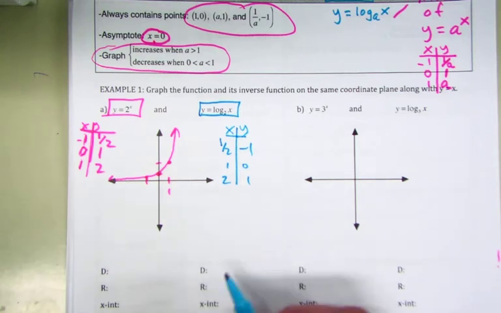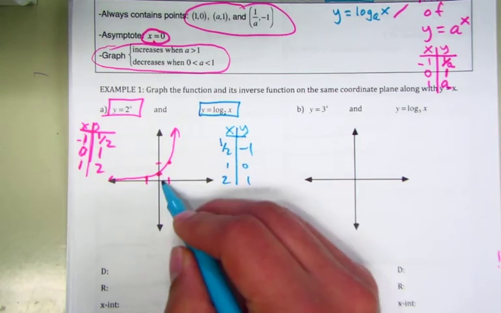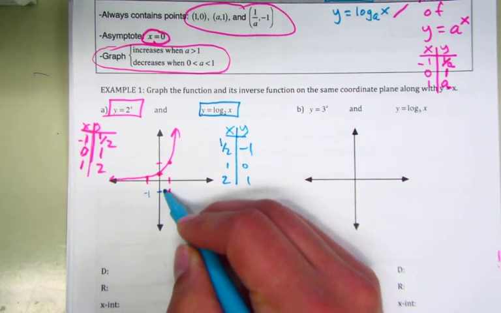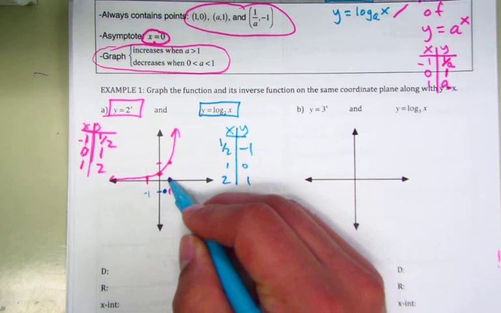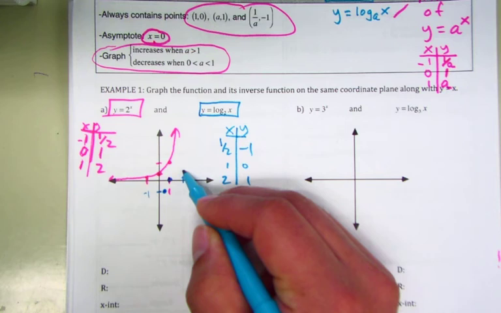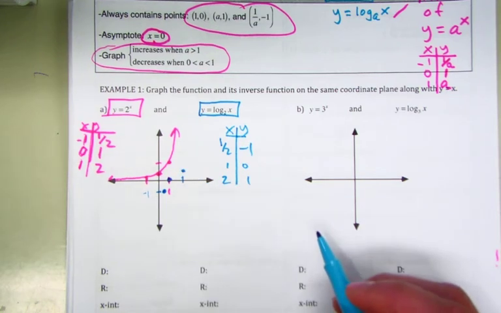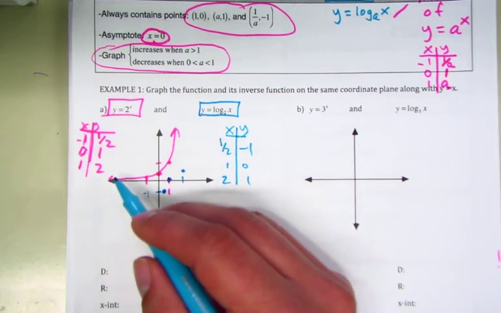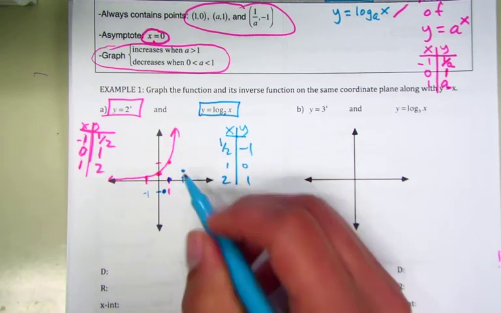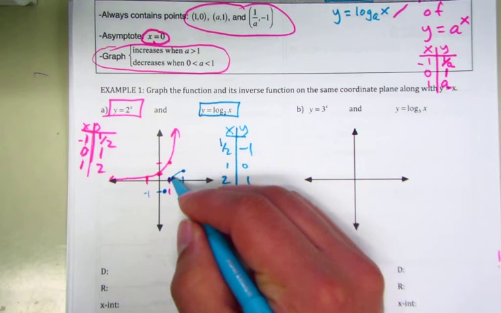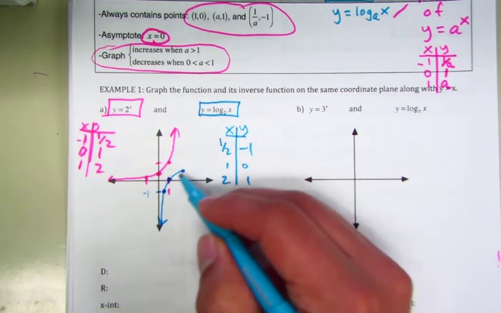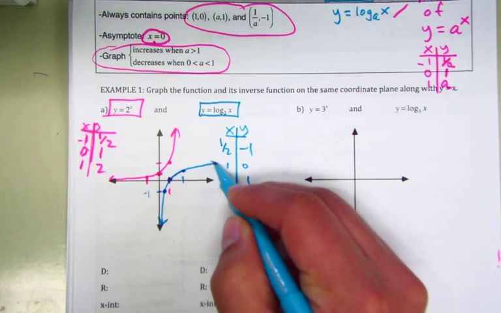Okay, so if you plot those points, right, a half down to negative 1, 1, comma 0, and then 2, 1. Okay, remember that instead of having a horizontal asymptote, now there's a vertical one at x equals 0. So as we go back to the left, this is just going to get closer and closer to the x-axis. And now this one's still going to keep going up, but just not very fast.